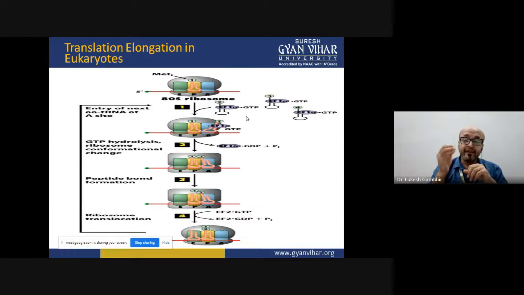Then if in every case this elongation factor 1 alpha is hydrolyzing the GTP and converting it into GDP, then I need that many EF1 alpha GTP molecules in my cytoplasm, but it's not the case, because that will be wastage of energy. Why do you need multiple copies of elongation factor 1 alpha? What you can do, you can remove the GDP and convert this released elongation factor 1 alpha back to its activated form, that is bound with GTP.